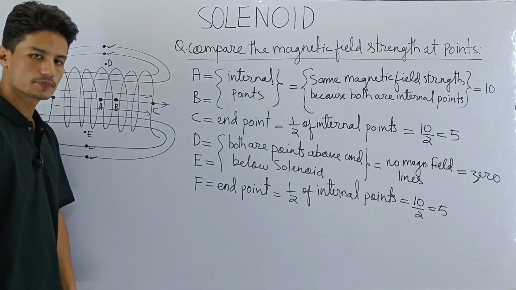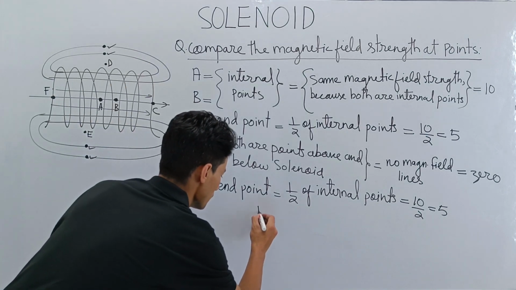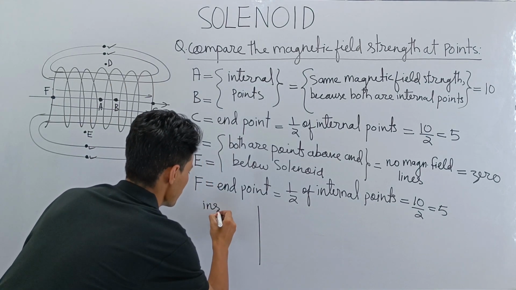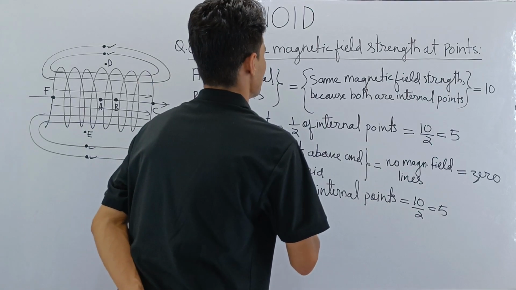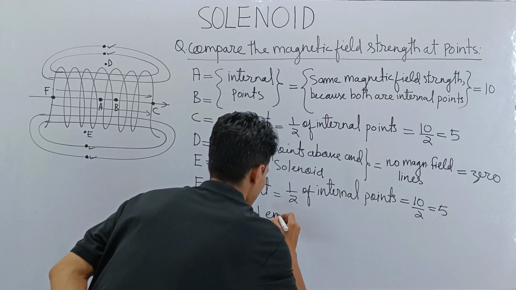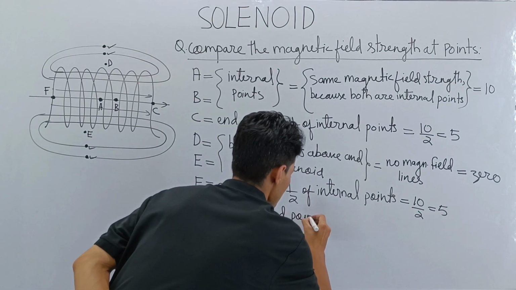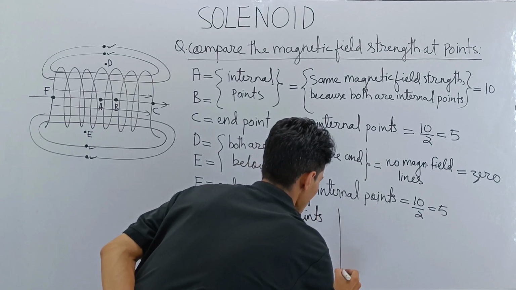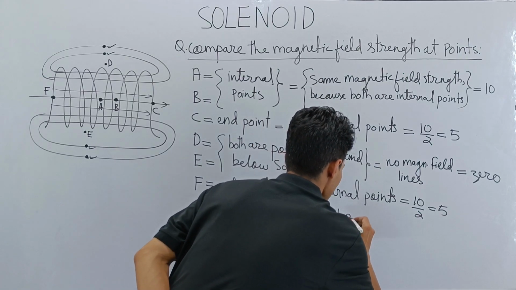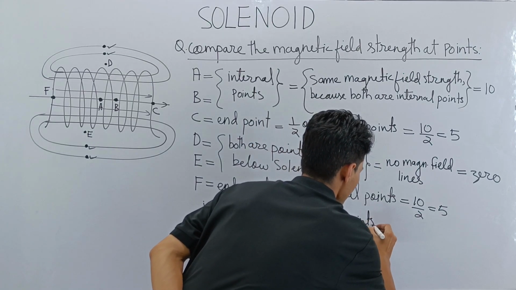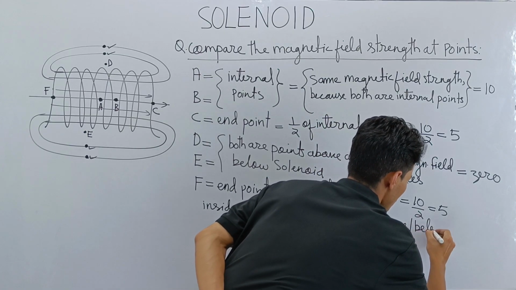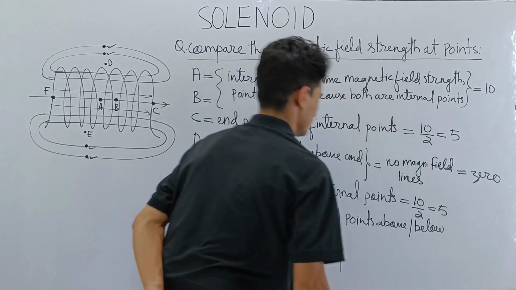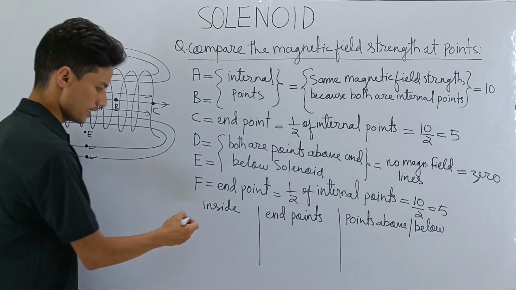I hope it's clear. So let's just make a table here. This is inside the solenoid. Then let's write here endpoint. These are the endpoints, and this will be points above or below.